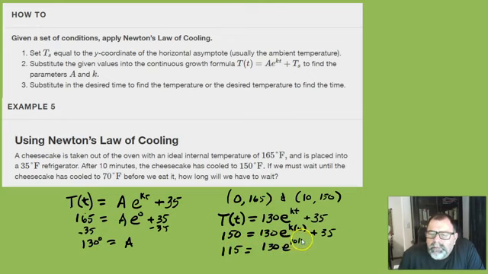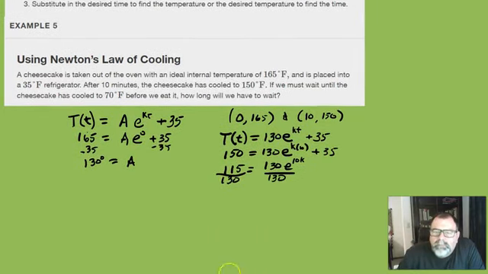I'm just going to rearrange that as 10k. Then I'm going to divide by 130. So now I have, do I want to leave this as a fraction? Yeah, we'll leave it that way to get more exact answers.